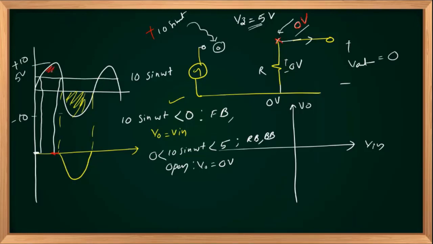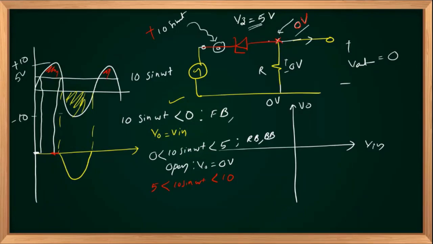When input is in this region, greater than 5 and less than 10, it is in reverse bias mode and it breaks down. The diode breaks down, right? Once the diode breaks down, you can replace it. The diode was connected like this.